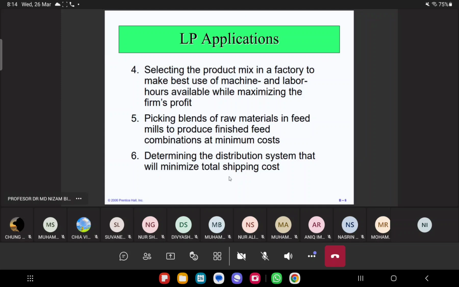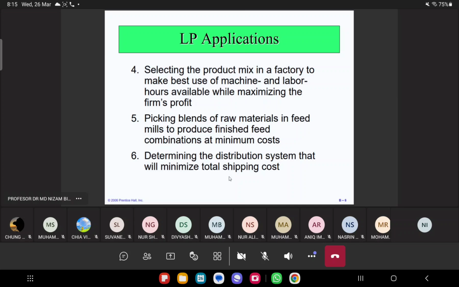Okay. The next linear programming application is selecting a product mix in the factory to make the best use of machine and labor hours available for maximizing the firm's profit. So this is an example. If you own a manufacturing facility, for example, a factory, and you have many products, let's say Proton, with 5 different car models, they want to decide how many of each model should be built such that they make the best use of the machine and labor to maximize their profit.